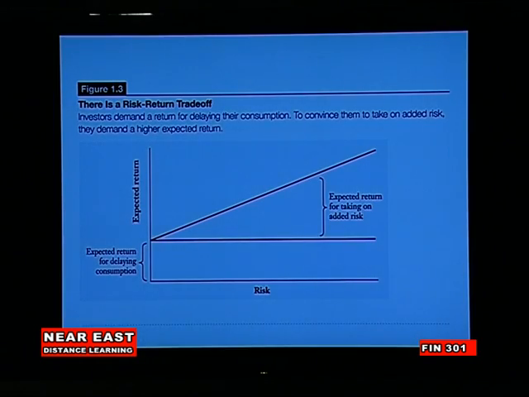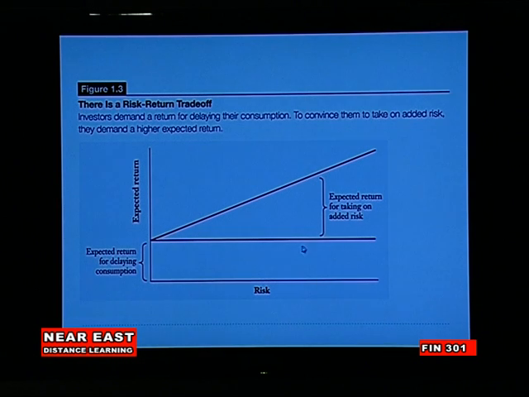This figure explains the relation between risk and return. Now, we will see the relationship between the expected return and the risk.